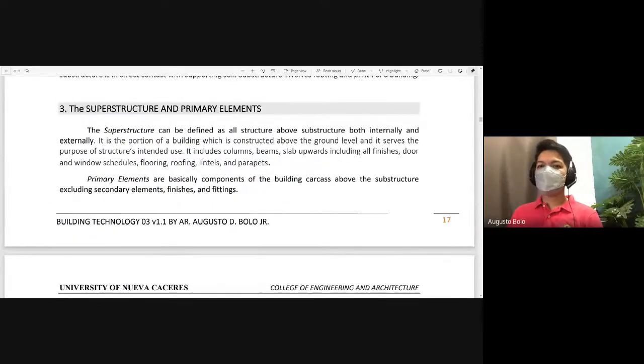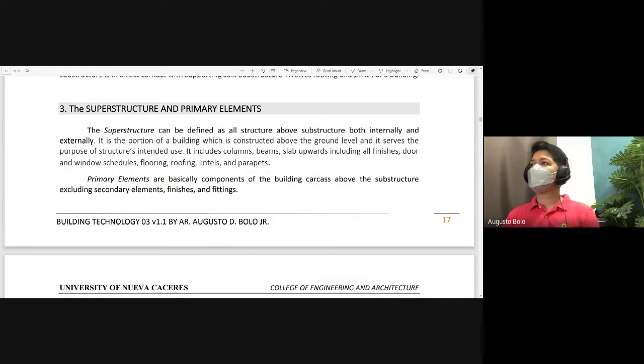Okay, thank you, Anna. So, after the substructure, we have the superstructure. So, we all know na ang superstructure are anything that is involving the internal and external part of your structure.